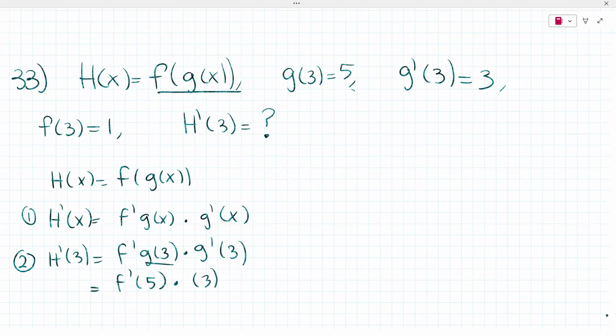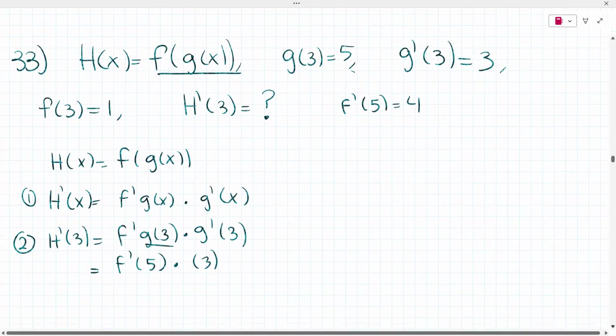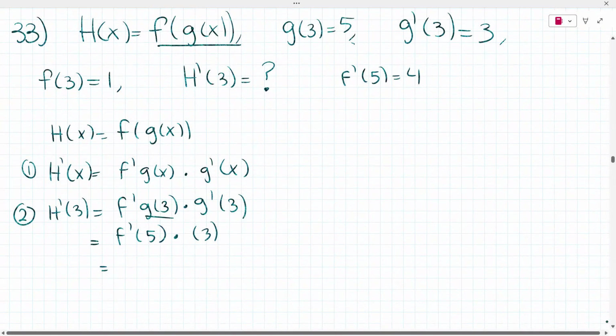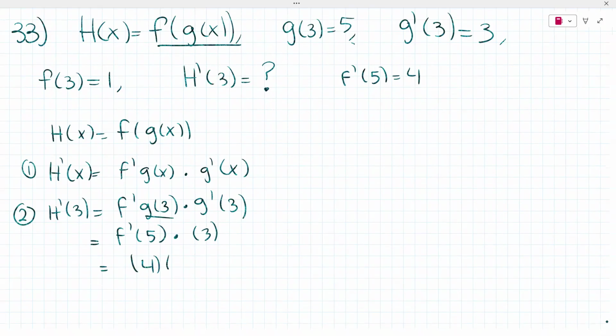I didn't write this information. This is also given. f prime of 5 should give you 4. That's not something I made up. So we just fill in our blanks. f prime of 5 is 4, and then g prime of 3 is 3. So times 3, your answer is 12. So your final answer is h prime of 3.